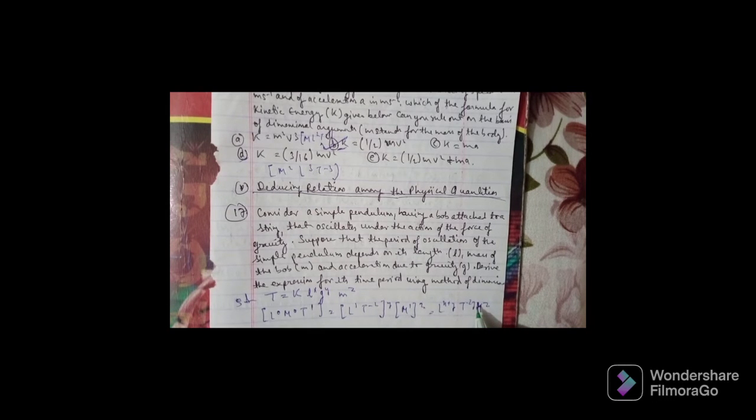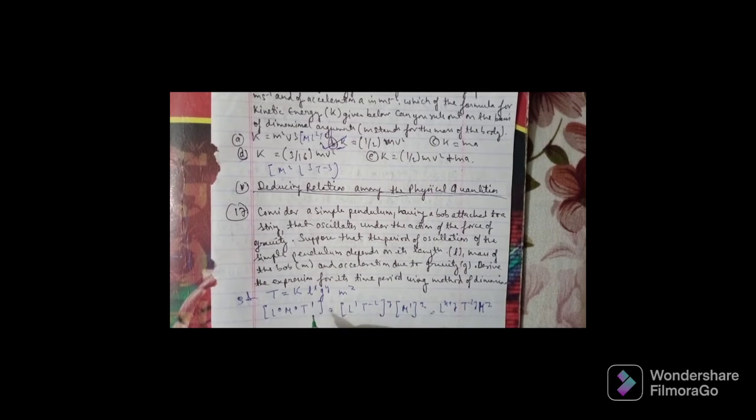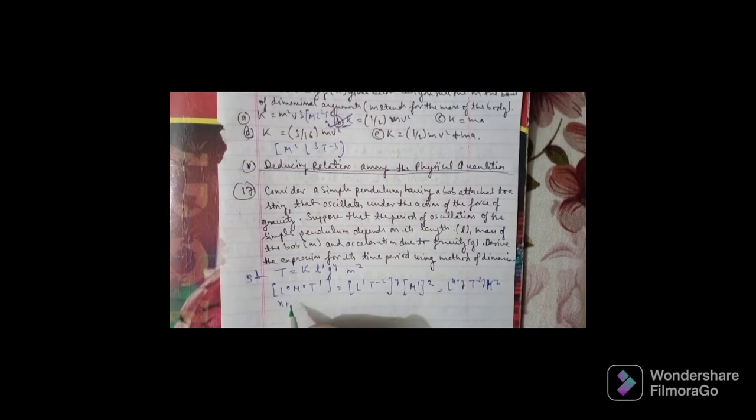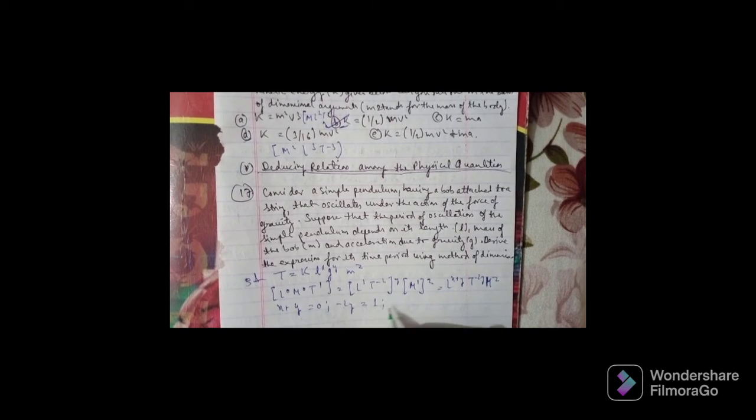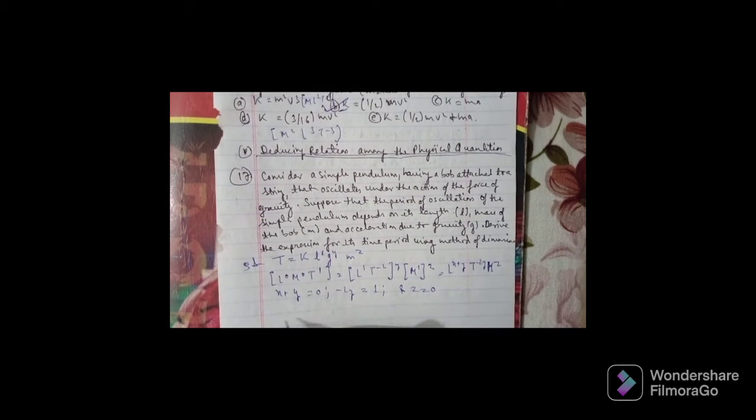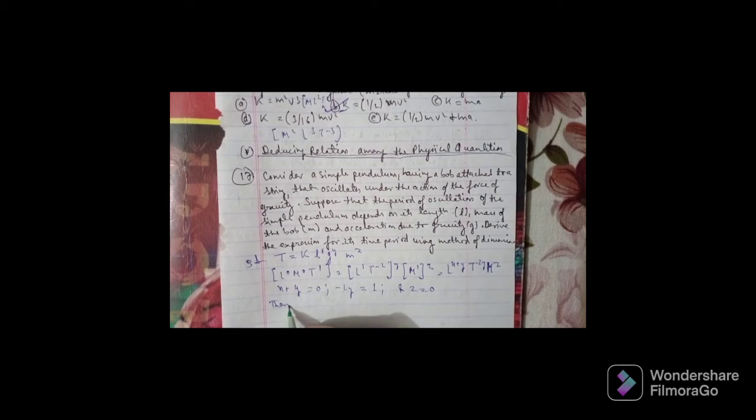On equating the dimensions on both sides, we have x plus y equals 0, minus 2y equals 1, and z equals 0. So that then T equals k L and g.